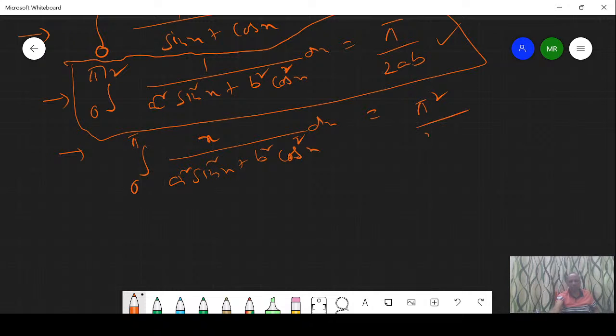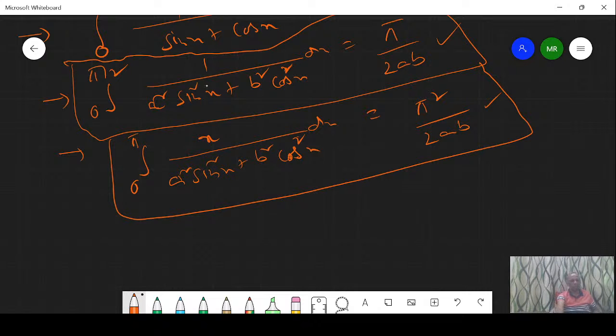Compare with the previous one: 0 to pi by 2 gives pi by 2ab, while 0 to pi with x gives pi square by 2ab. It will come only as pi square. Remember this one. These are all standard problems, right?